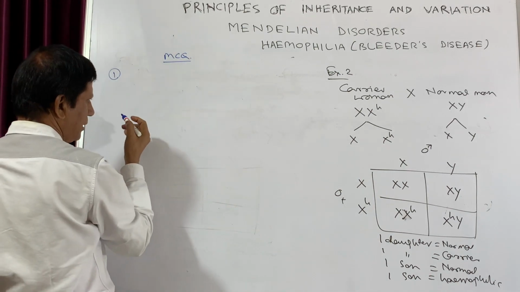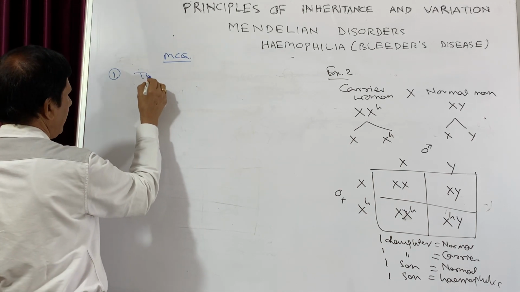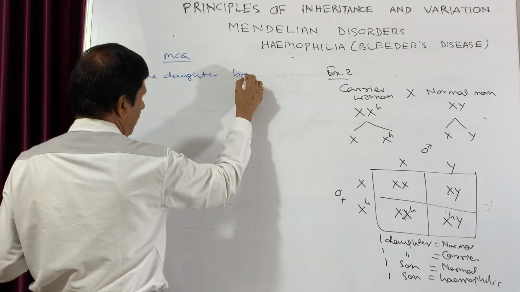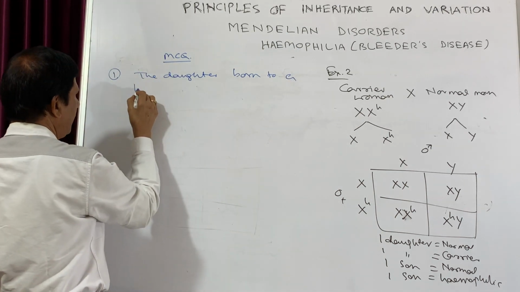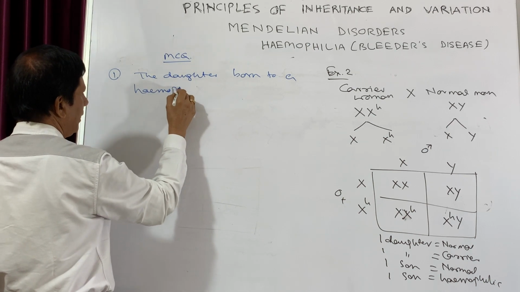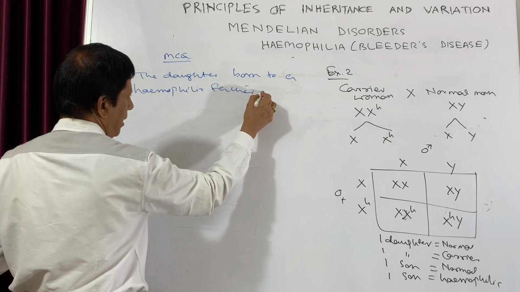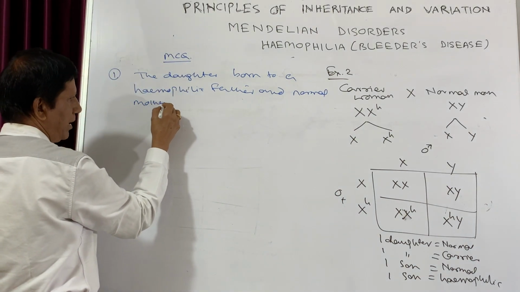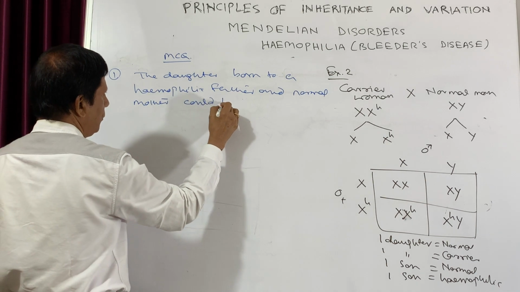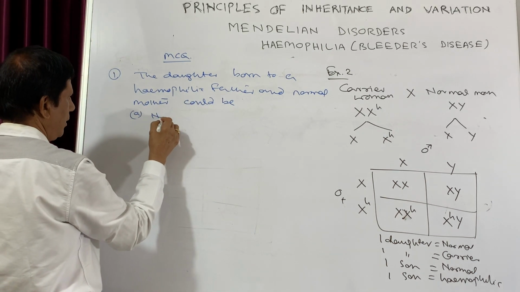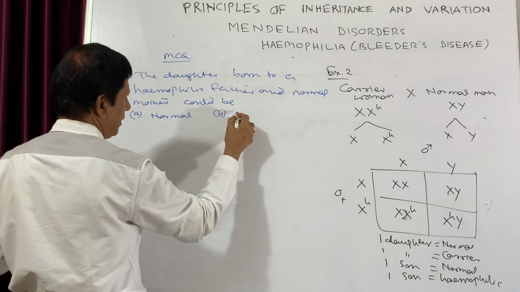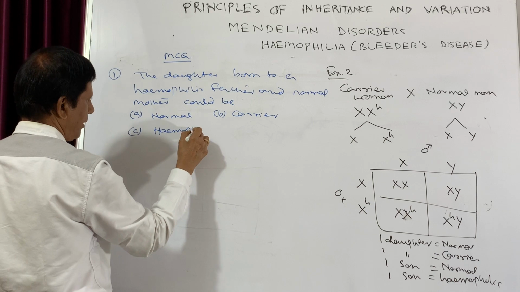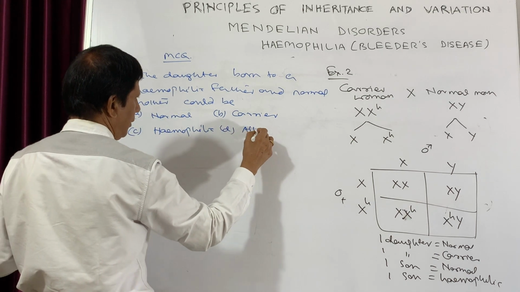So one MCQ: let us discuss the daughter born to a hemophilic father and a normal mother could be: first choice normal, second choice carrier, third choice hemophilic, and fourth choice all of the above.